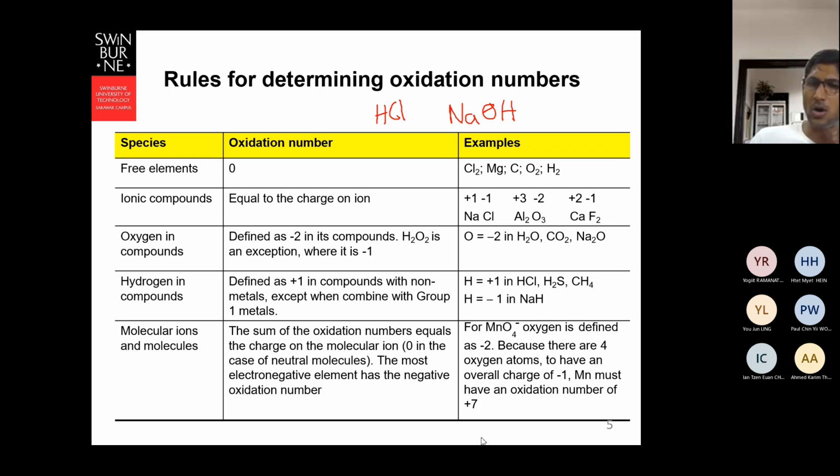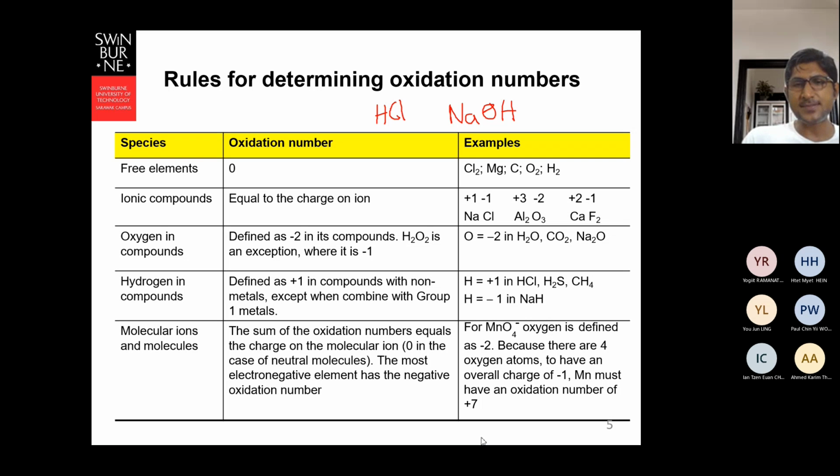Fluorine will always be -1. Oxygen will always be -2, with some exceptions, like hydrogen peroxide. Oxygen in hydrogen peroxide is -1 charge.